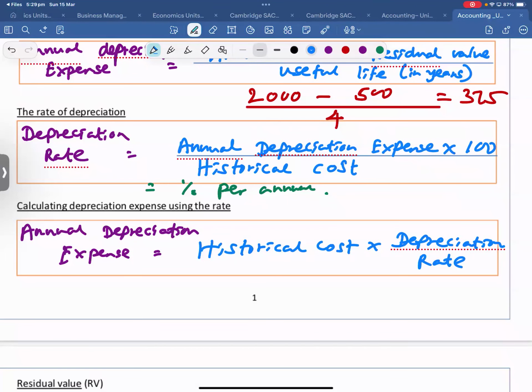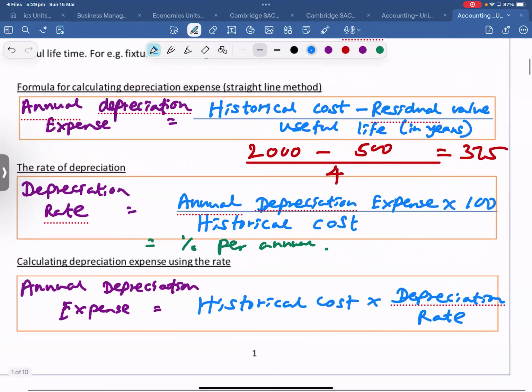If we're doing monthly, what would we change? Yeah, firstly we calculate annually, then you divide by 12.